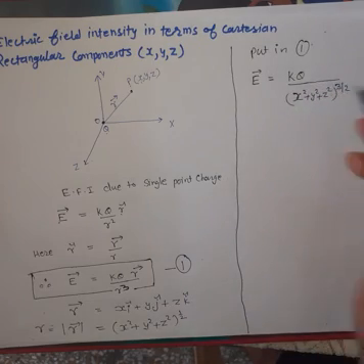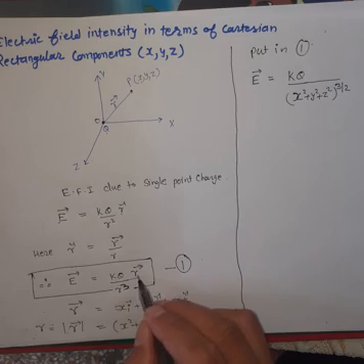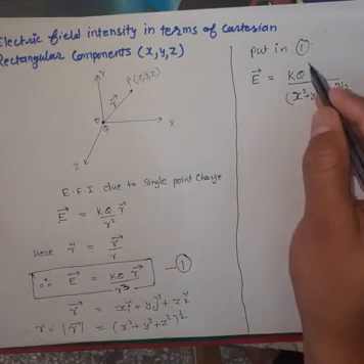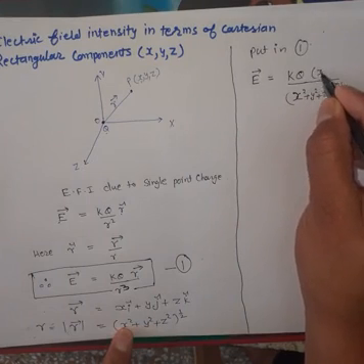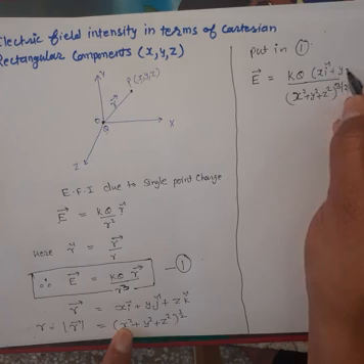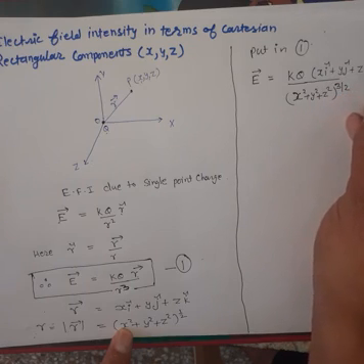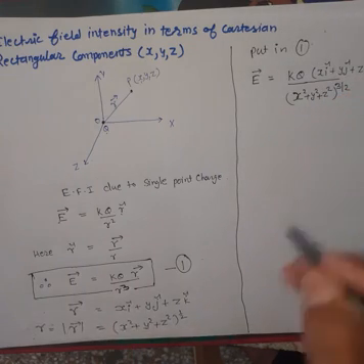And the value of r vector in the first equation is given in vector form: x i unit vector plus y j unit vector plus z k unit vector.